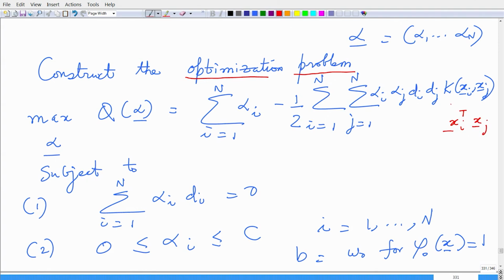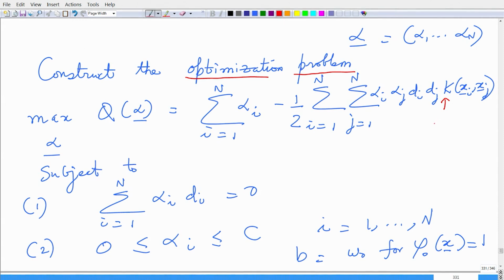But just observe that there is a kernel here that is acting on xi and xj, because we are now in the nonlinear space, and therefore we have nonlinearly transformed the inputs in the feature space, and now we are looking for a linear classifier in this feature space towards this pattern separability problem.